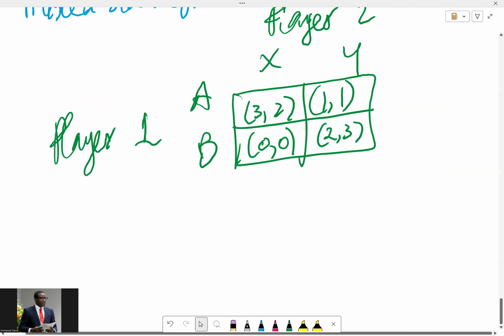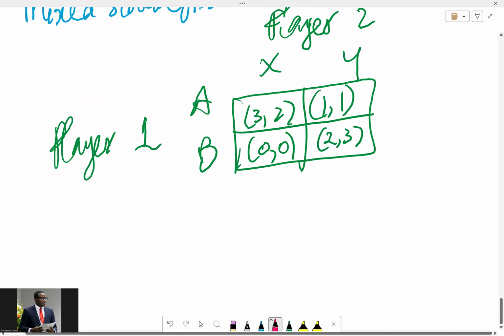Now, one thing we need to understand here is that we have to introduce probabilities since we are doing mixed strategy.